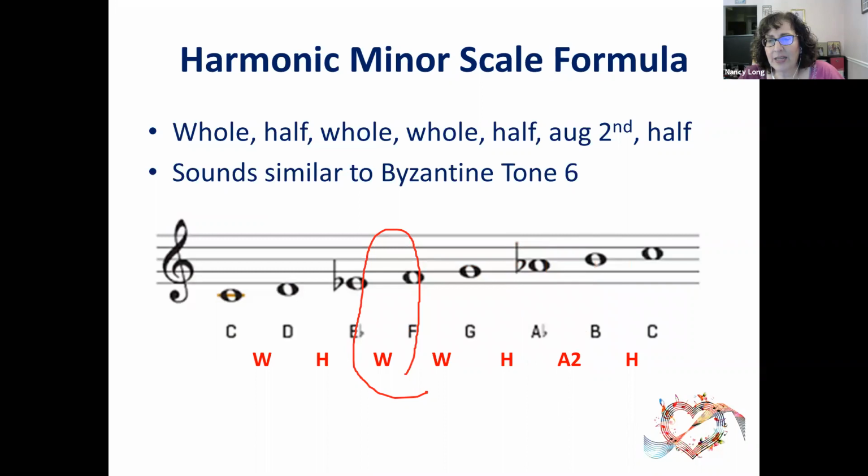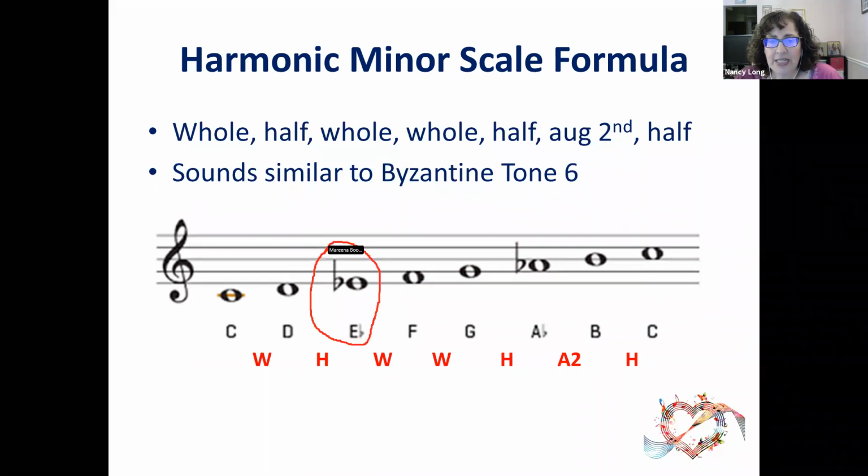Then we have the harmonic minor scale. All of the minors have a flatted third. All of the minors are the same that way. It's just the treatment of the sixth and the seventh that starts coming into the different sounds.